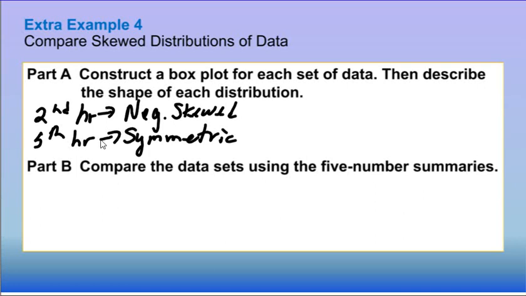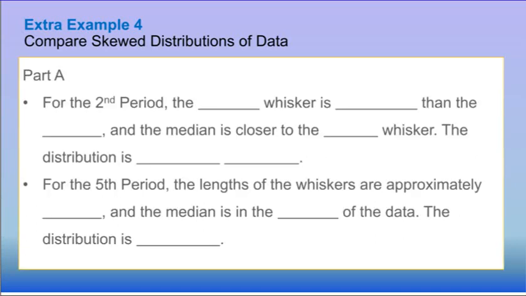Part B says compare the data sets using the 5-number summary. We're going to do that here on this slide. For second period, the left whisker is longer than the right, and the median is closer to the right whisker.